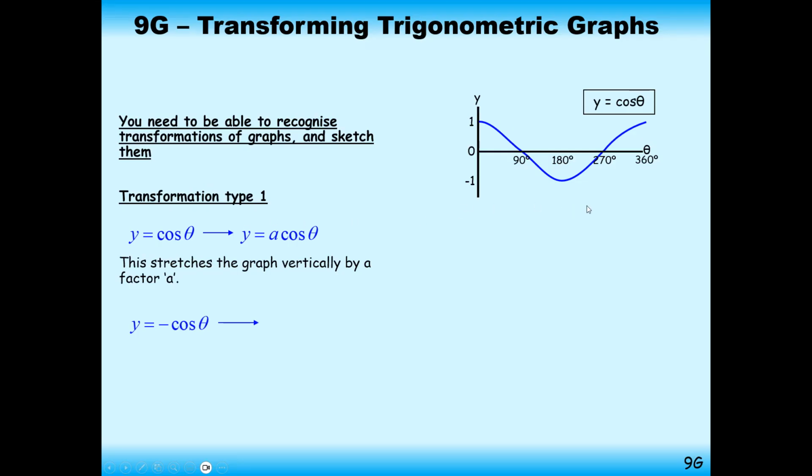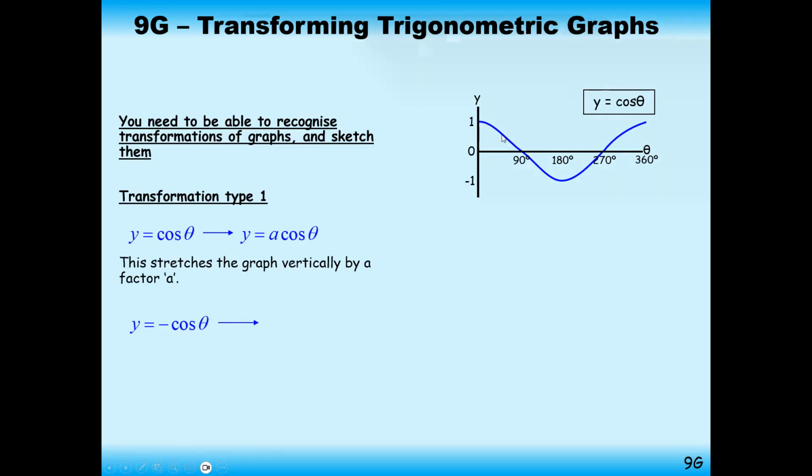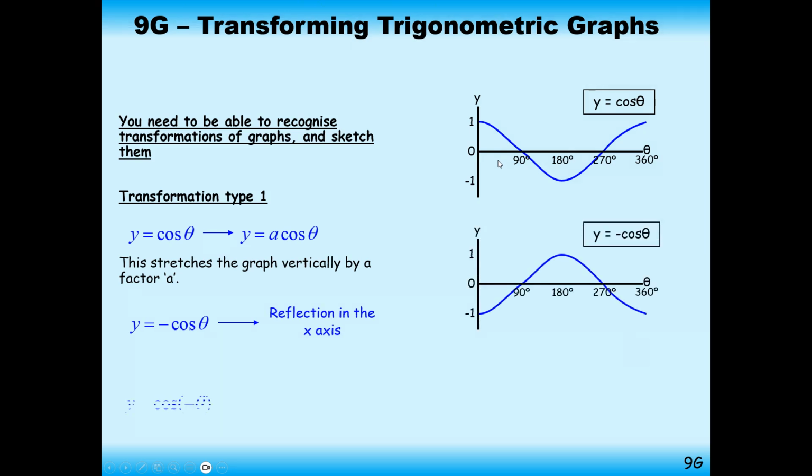Now looking at the cosine curve, we have a minus sign on the outside of the function. That means the y values will flip, so it's a reflection in the x-axis, and it will look something like so. But now, if you put a minus sign inside the bracket, then the original graph looks something like so. I'm drawing the left side of the graph as well for you to see.